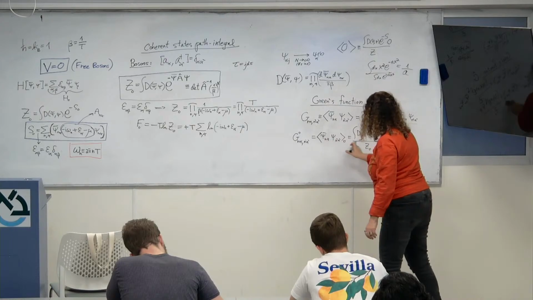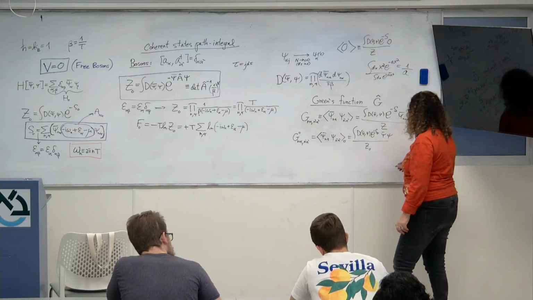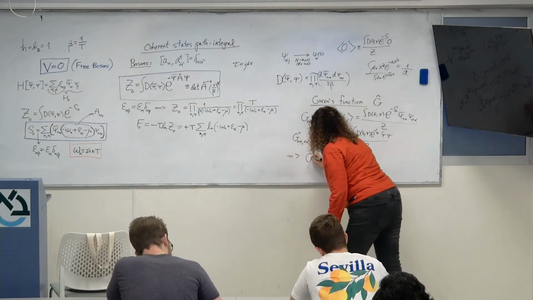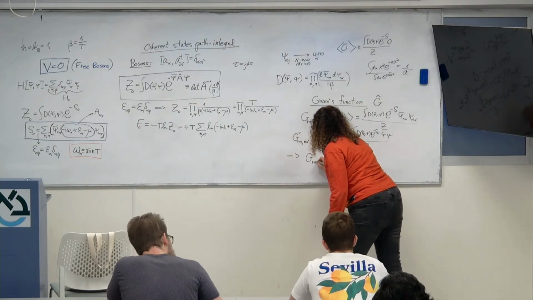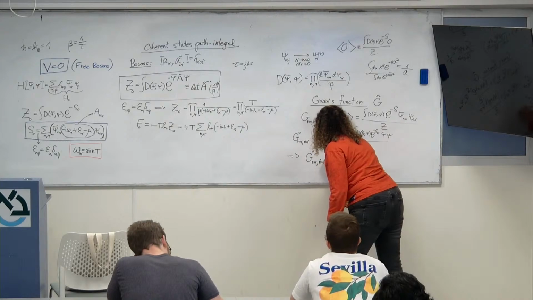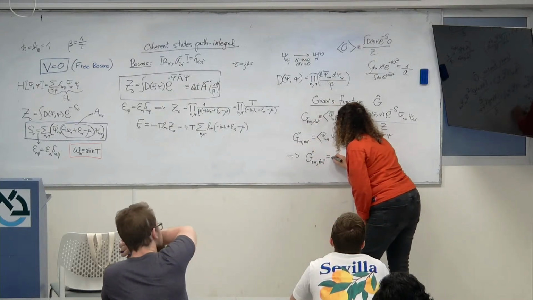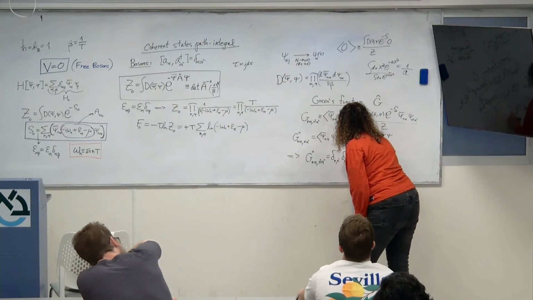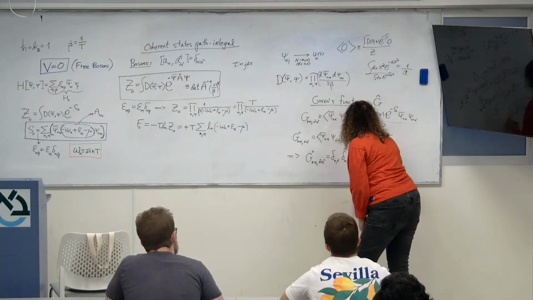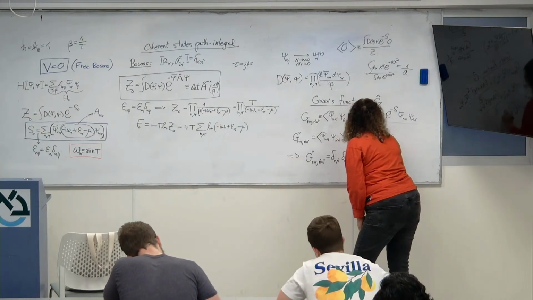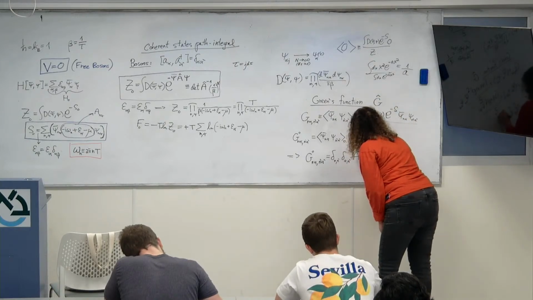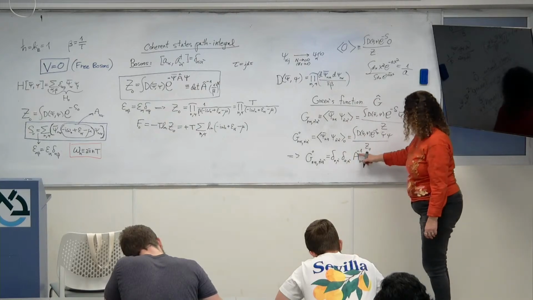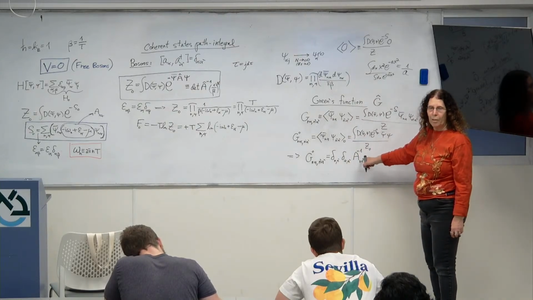If you do it for multiple variables, you can show that this equals a delta of n prime, a delta of alpha prime, times the n alpha diagonal element of the inverse matrix. Okay?